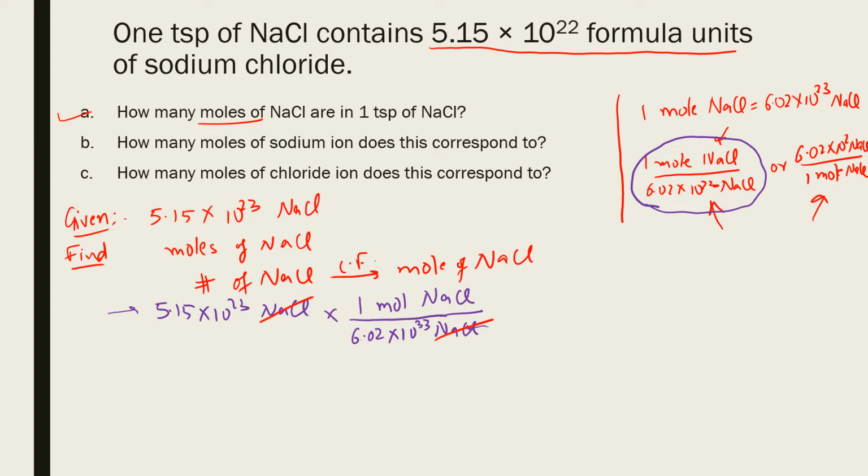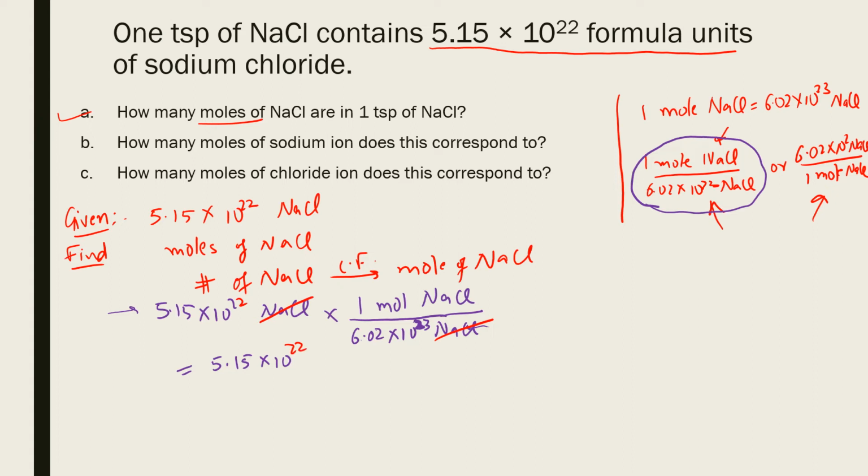So number cancels with number. This is 23. So the leftover, if we solve it, is going to be 5.15 times 10 to the, excuse me, this is 22. So this should also be 22.